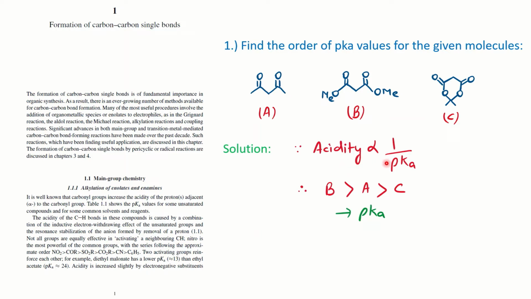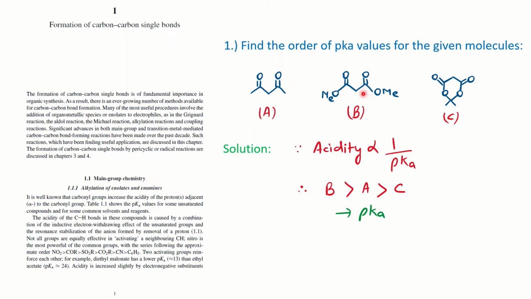We know that acidity is inversely proportional to pKa. So you just have to find the most acidic proton, which will have the least pKa value. In the third molecule, because of the steric hindrance, this is the most acidic proton, and so it will have the least pKa value.